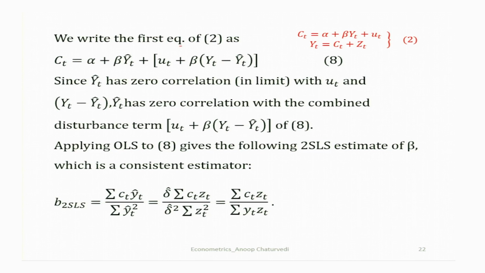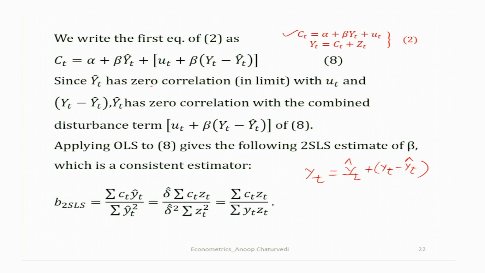Now, we write the first equation of this 2 as C t equal to alpha plus beta y t hat plus u t plus beta times y t minus y t hat. So, we are writing y t equal to y t hat plus y t minus y t hat in the first equation of this 2, and then we get this equation.